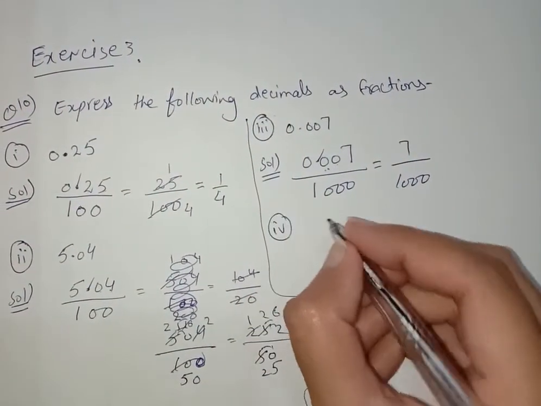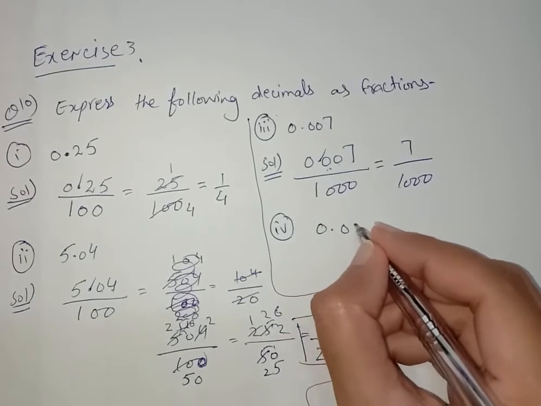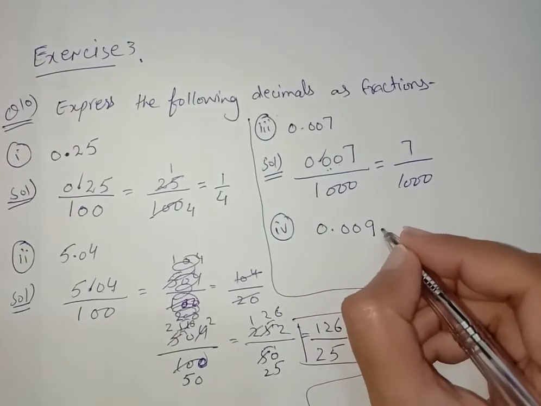Now move towards its part number 4, which is 0.0095.